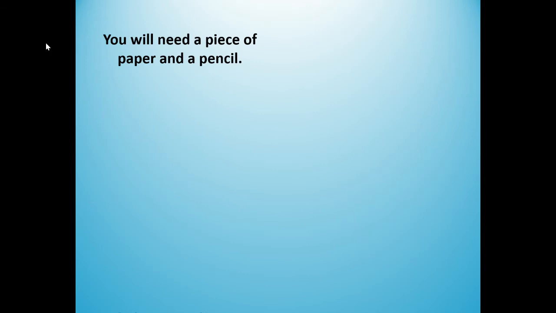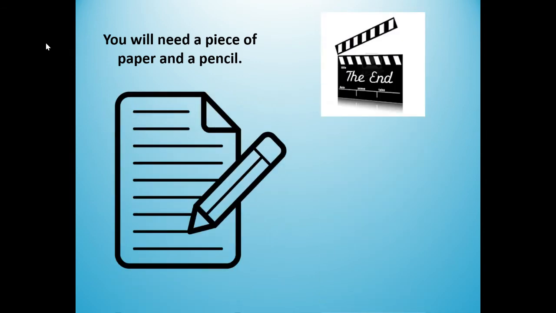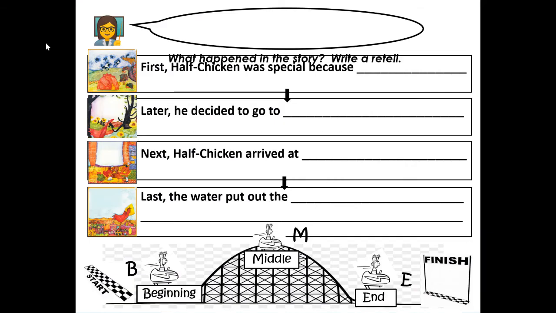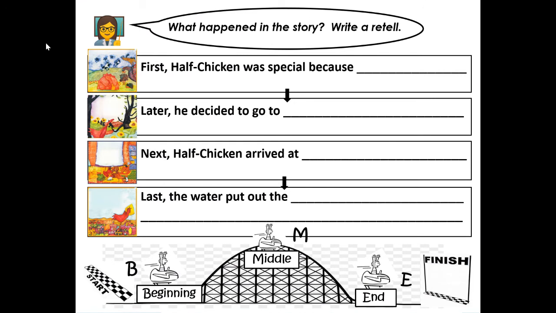For this lesson, you will need a piece of paper and a pencil because at the end of our review, you're going to challenge yourself and answer this question in writing. What happened in the story? Write a retell. And we're going to use the traffic light colors green, yellow, and red. Green means go.